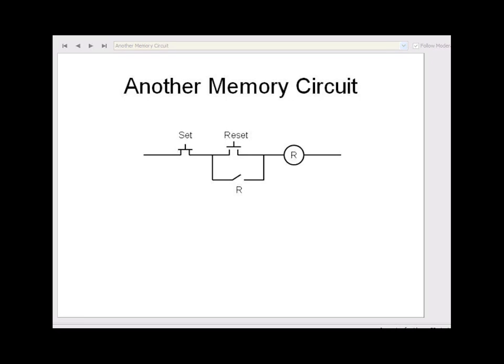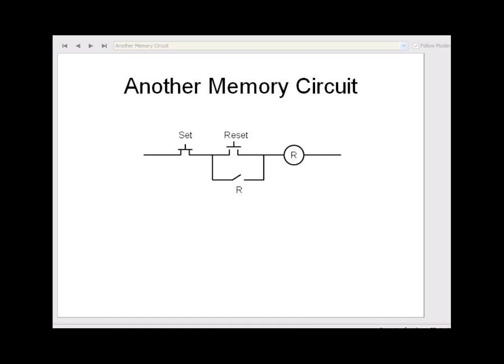Here is another type of memory circuit. Has anybody ever seen this type of circuit before? Well, where have you seen this circuit before? It's actually used for motor starting.